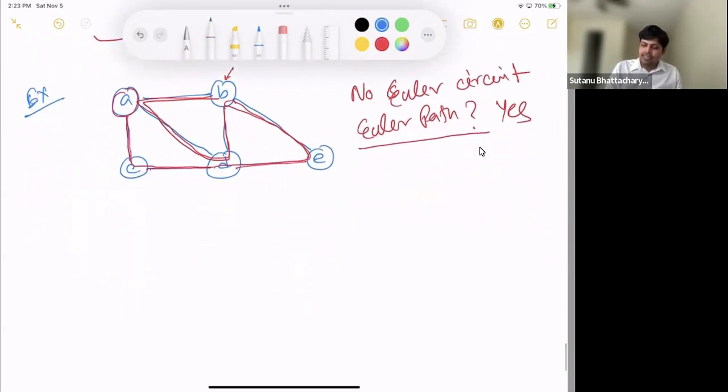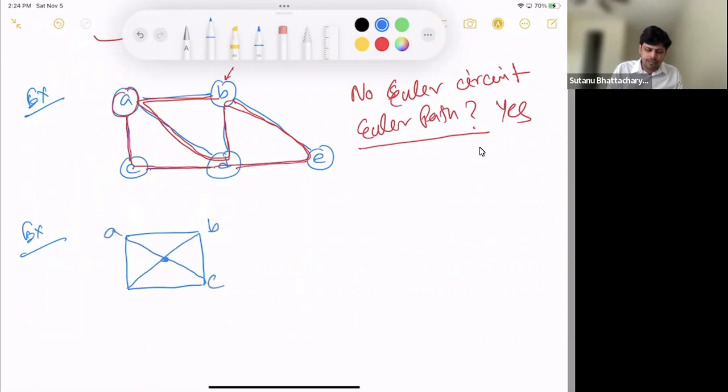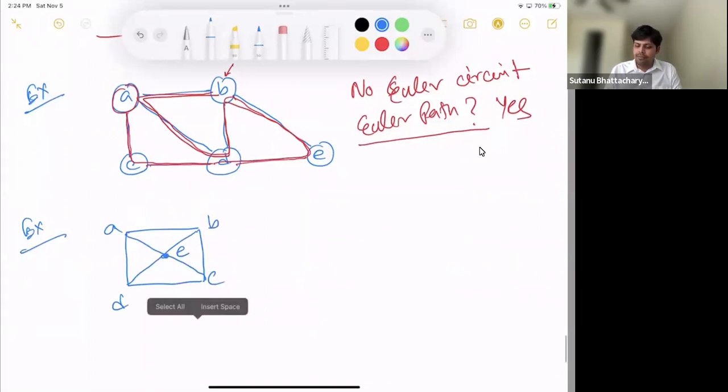Okay, let's take another example. So you need to find whether there exists any Euler circuit or Euler path in this graph. Most probably no, you need to do it by yourself. Another one would be like this.